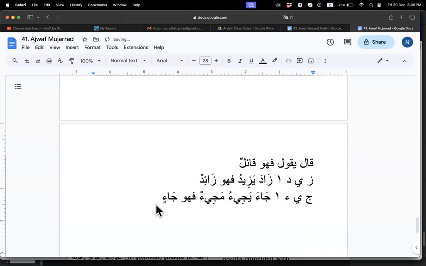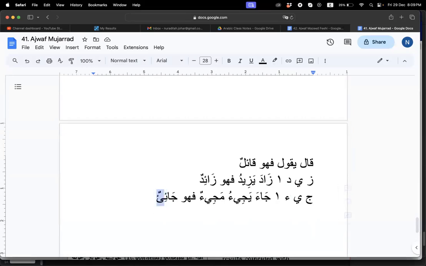Technically, this is supposed to be ja'iun. Because you have already hamzah at the last, the root letter, this one is supposed to be ya, but waw or ya we change it to hamzah anyway, right? So it's supposed to be ja'iun. I haven't taught you this actually. So you have learned this somewhere else.